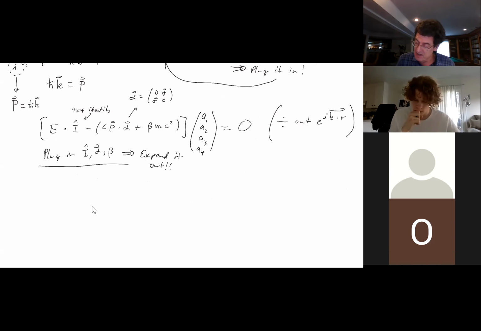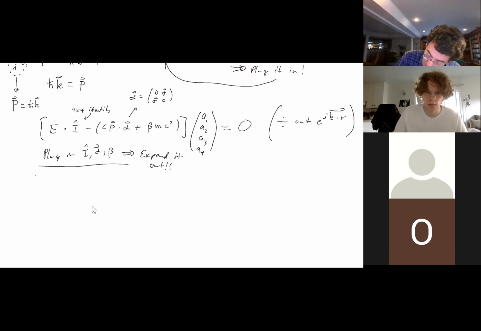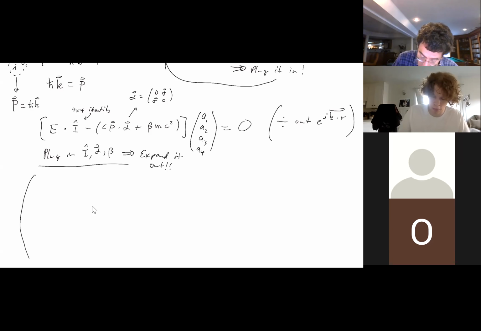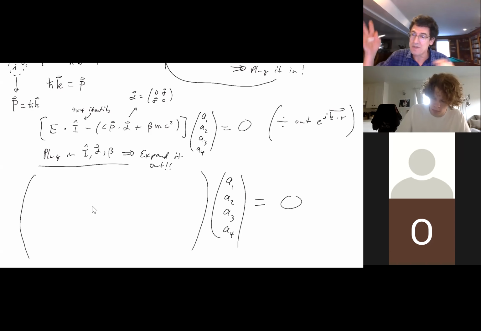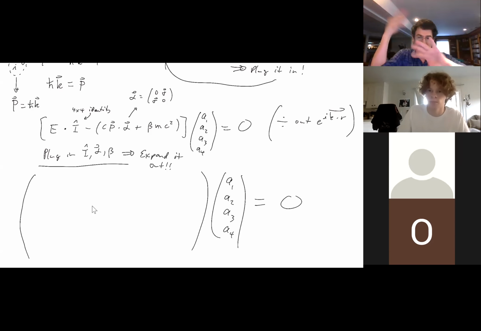I'm not going to write it all out. And when you do that, you get some 4x4 matrix times A1, A2, A3, A4 equals 0. Let's write out what that matrix is. It's just a bunch of tedious algebra. You can do it, and I suggest that you do it, because it's really pretty amazing what you get in the end.